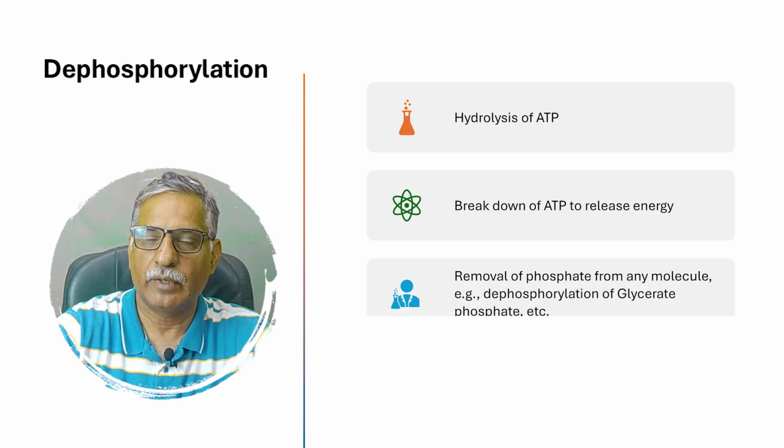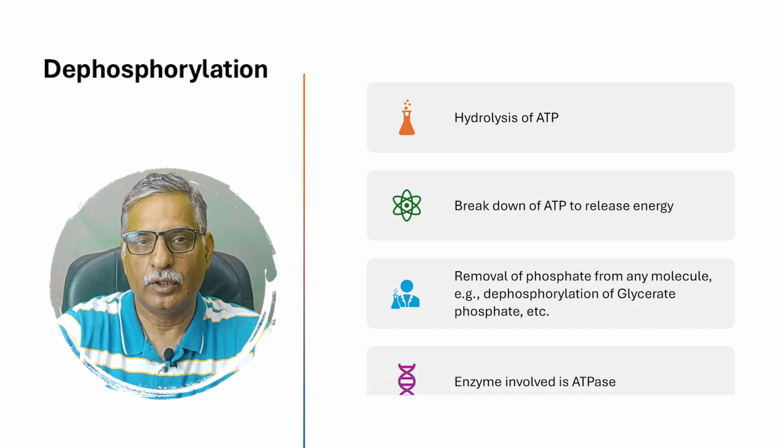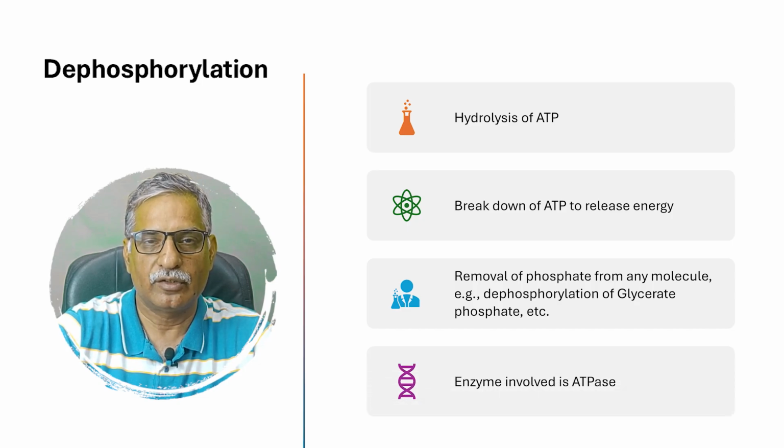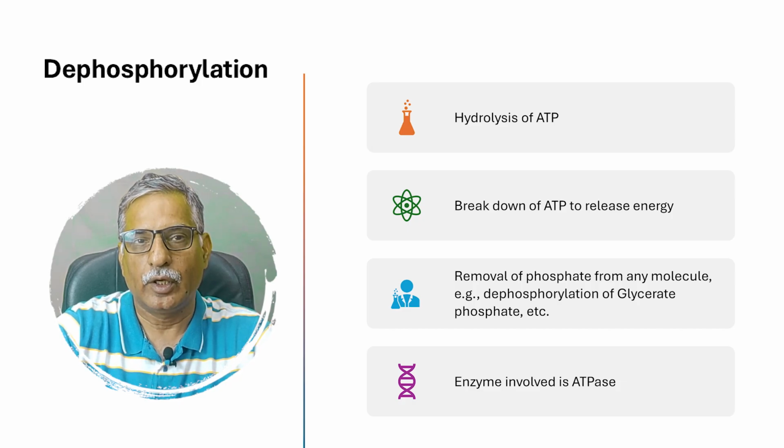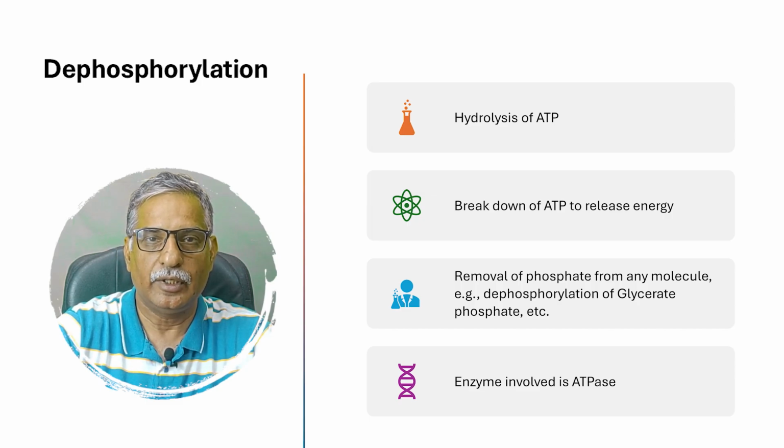So dephosphorylation means removal of phosphate, and if the phosphate is being removed from the ATP molecule, that also results in the release of energy from that ATP molecule. Dephosphorylation also involves an enzyme, and the enzyme involved here is named ATPase.